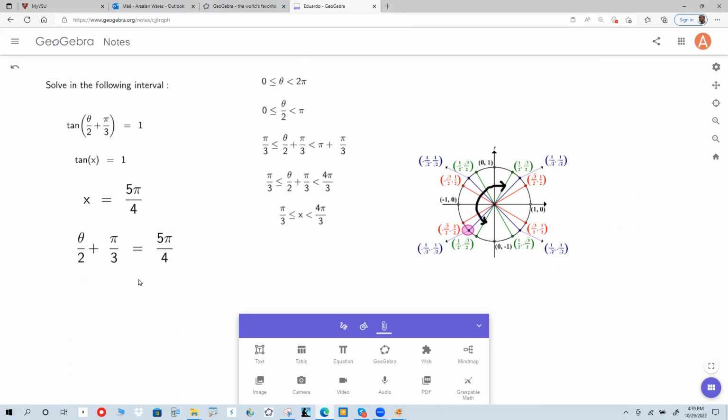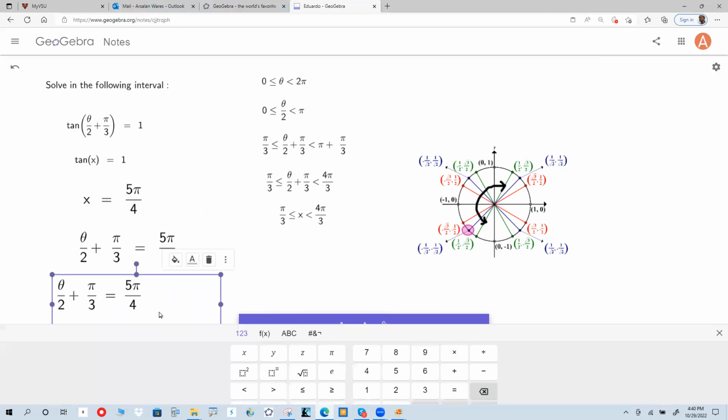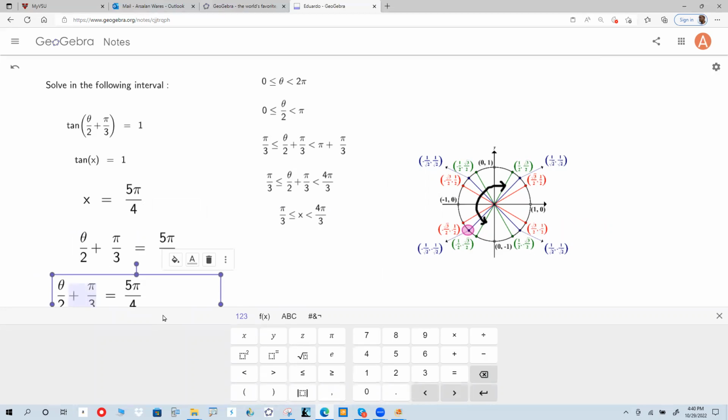Now, I have to solve for theta, or isolate theta. And how do we do that? Well, we subtract pi over 3 from both sides. Now, this side loses pi over 3, this side gains it.